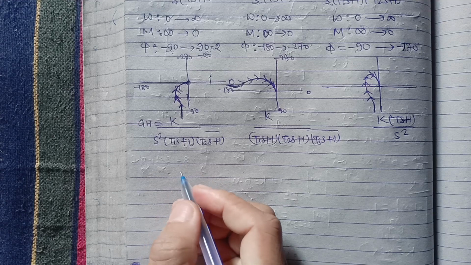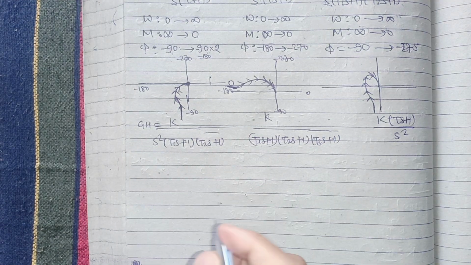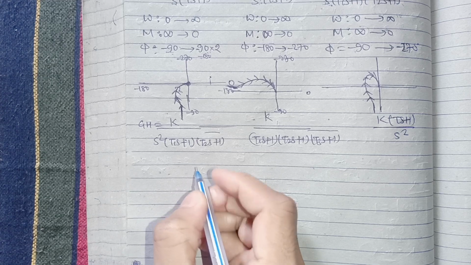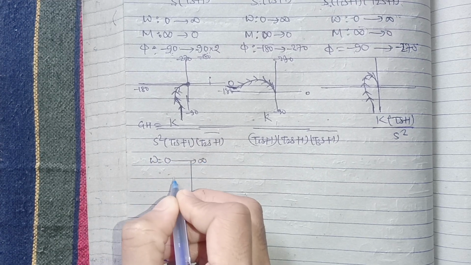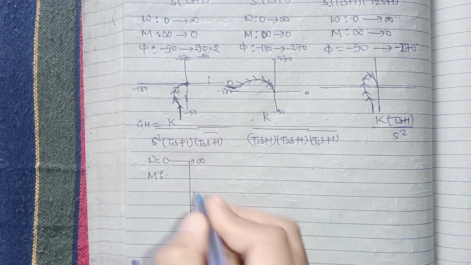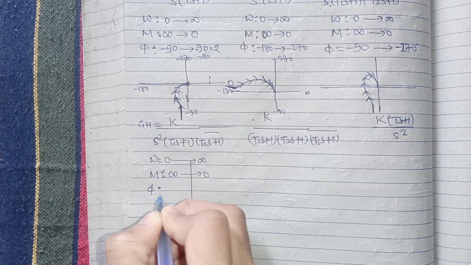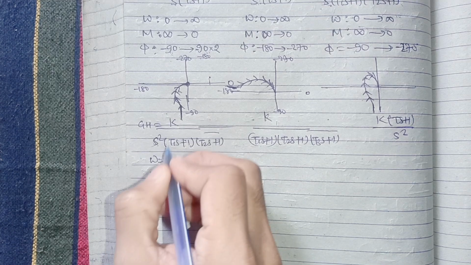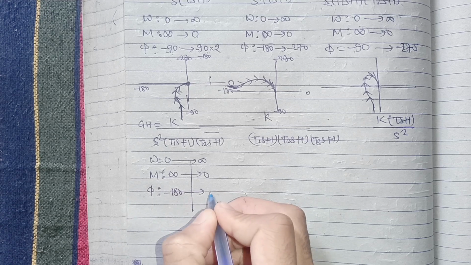In the third question, same, omega 0 to infinity, so the magnitude is infinity to 0, because type 2 is here. The angle is minus 90 into type 2, so minus 180, to minus 90 into p minus z.